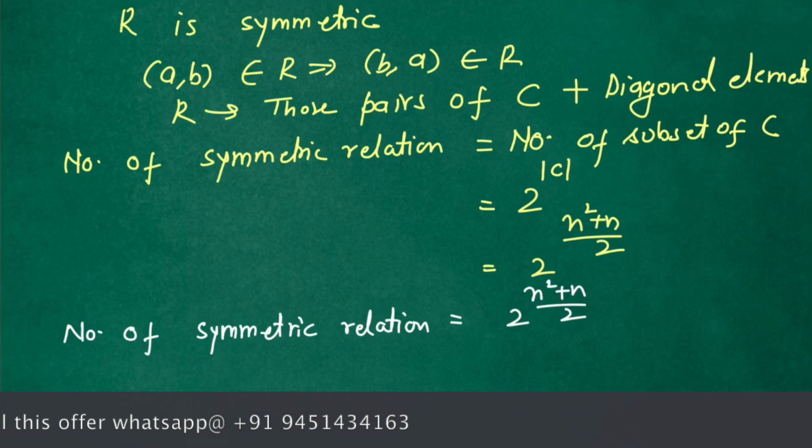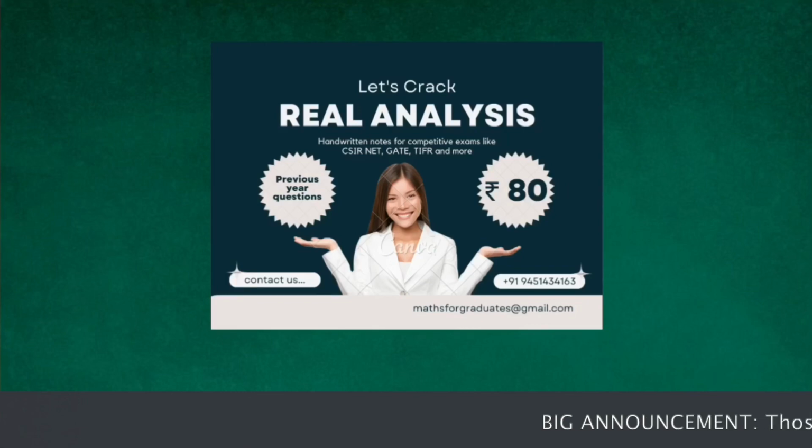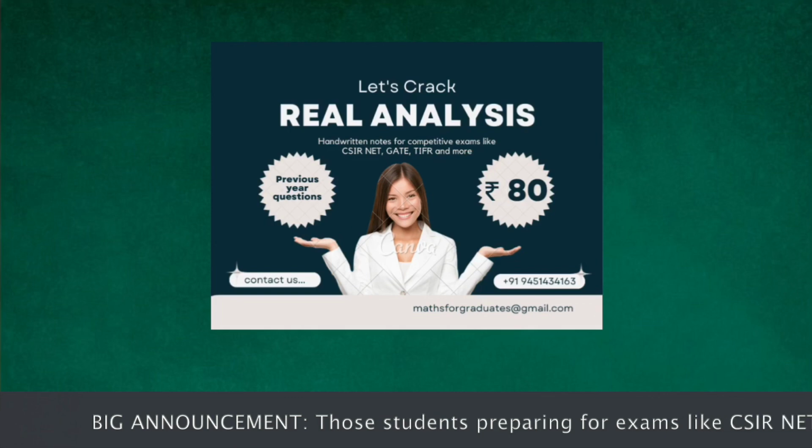Now let's see the number of equivalence relations on set A. In the previous video I told you, if there exists an equivalence relation on any set, then with the help of that relation we can do the partition.